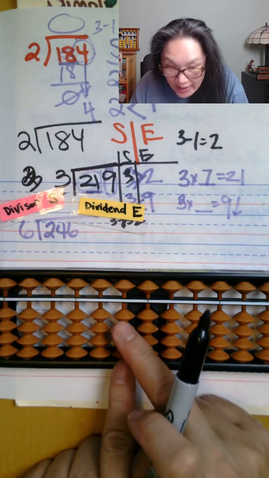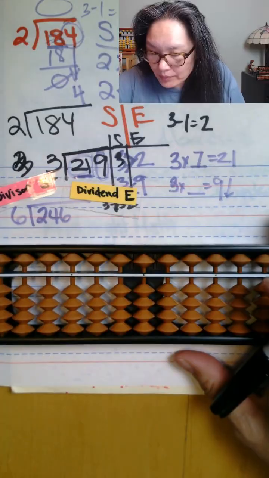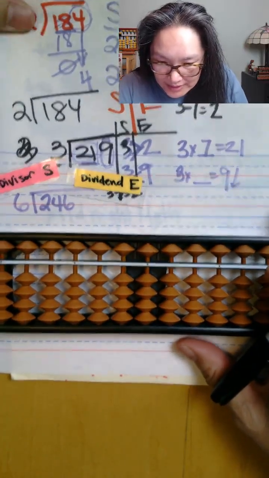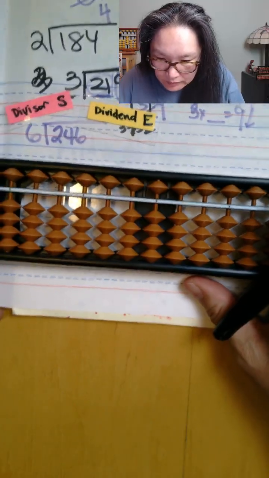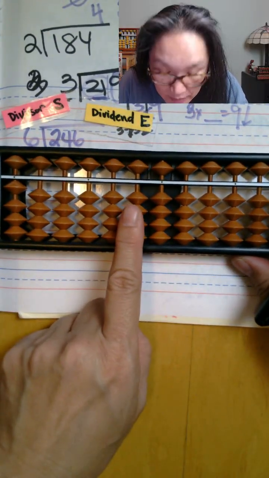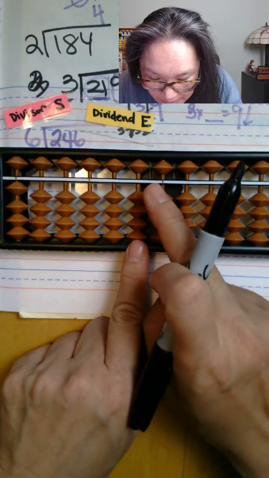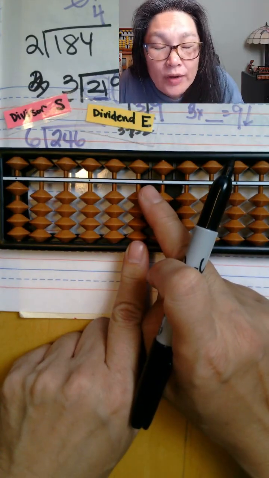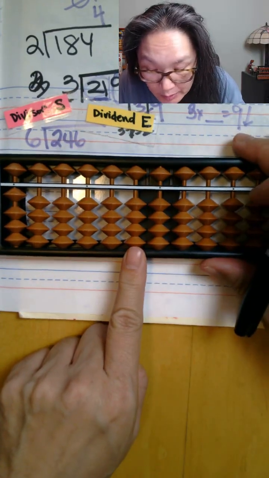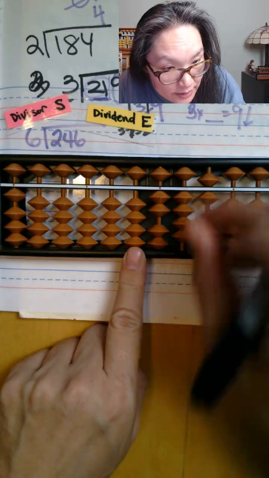So this is where my answer is. Because my answer is going to go in the tens column, my dividend will be next to it. Because my dividend helps me track the numbers, helps me track the answers. So I have 2, 4, and 6.